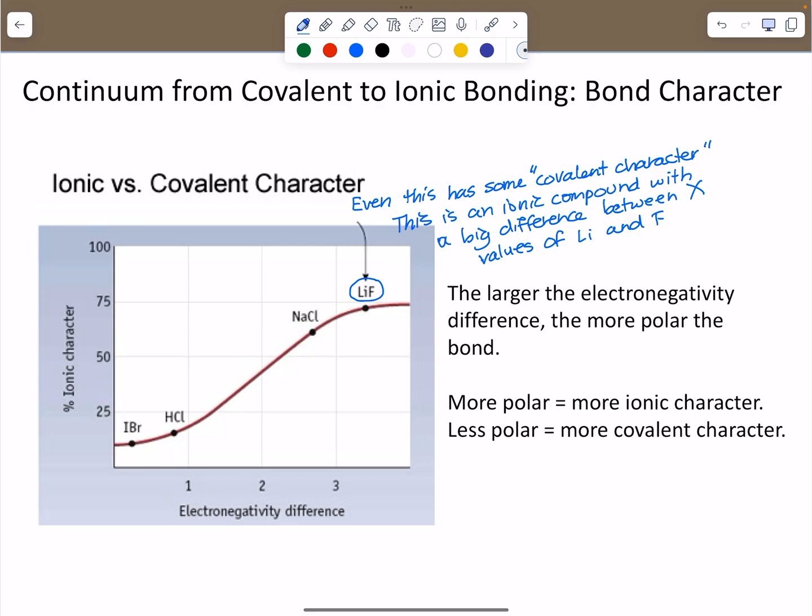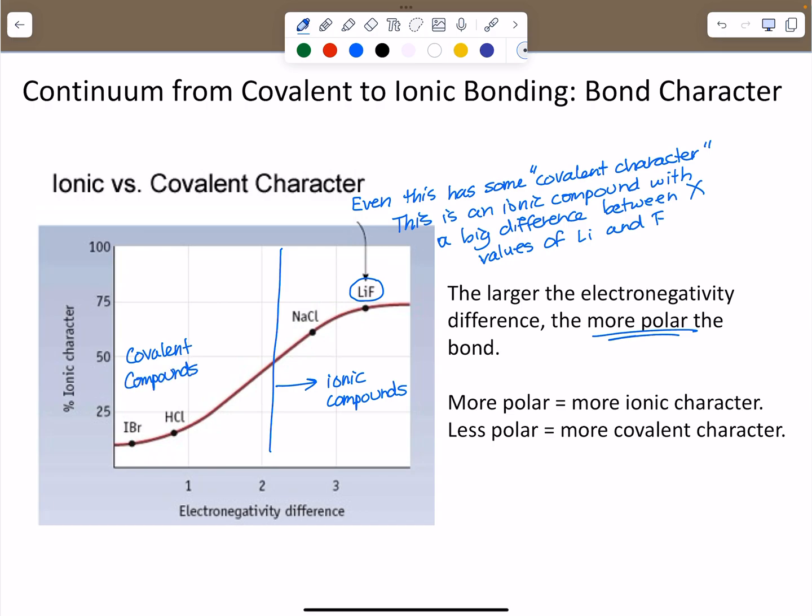All right, so the larger your electronegativity difference, the more polar your bond is going to be. So the things that you see over on the right here, we would consider ionic compounds. And the things that are over on the left here are covalent compounds.